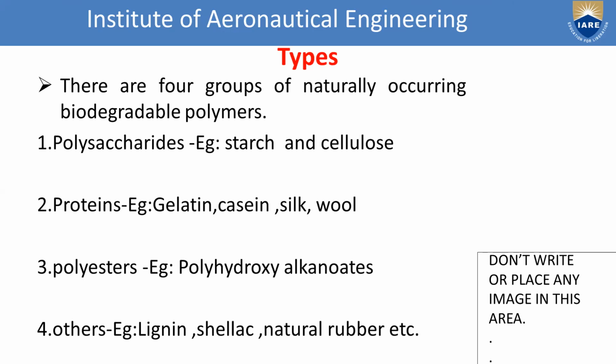Casein, silk, wool, gelatin. And what are the examples for the polyesters? Polyhydroxyalkanoates. And what are the examples for the others? Lignin, shellac, natural rubber. Okay, very good. So these are the examples and classification of naturally occurring biodegradable polymers.